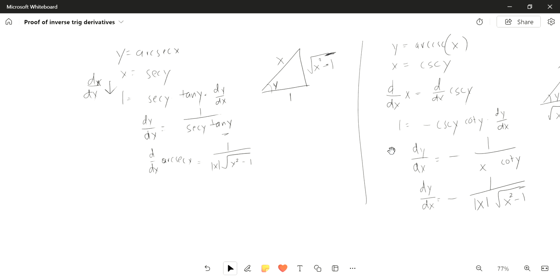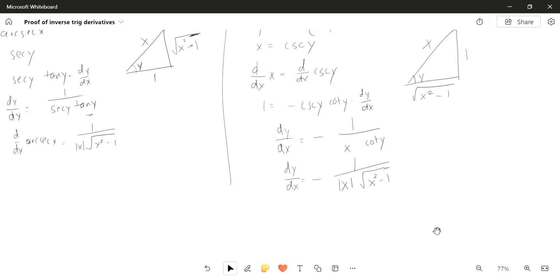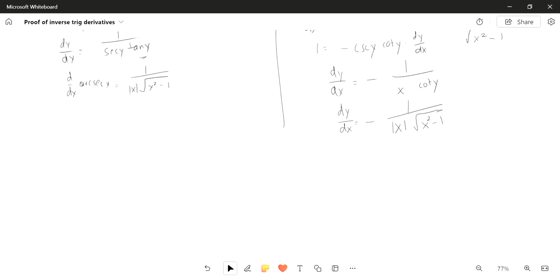At least the way the domain was restricted, that's how it should be. But the arccosecant graph is not like that because it's always decreasing.